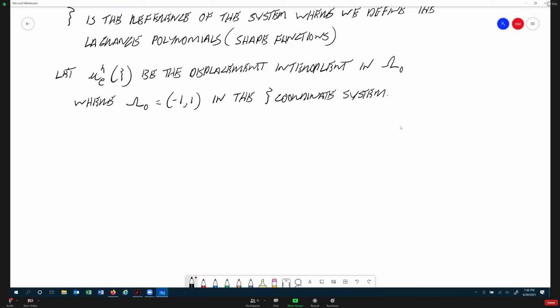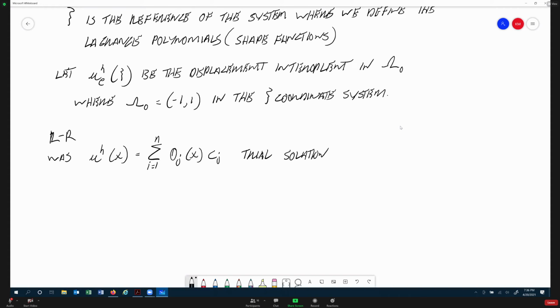Remember, Rayleigh-Ritz was U^h of x equal to the sum of i equals 1 to n, phi_j(x) c_j, which was a trial solution. You remember that? Yeah, that's right.